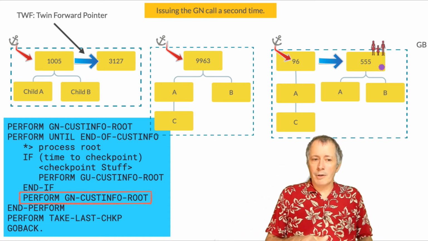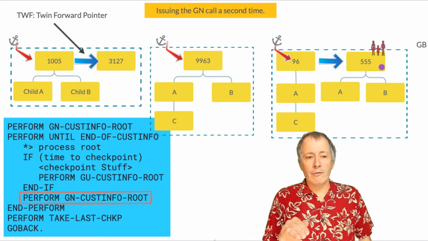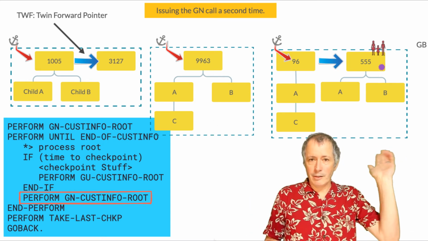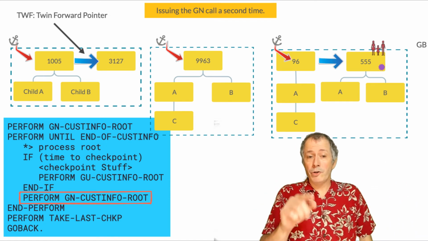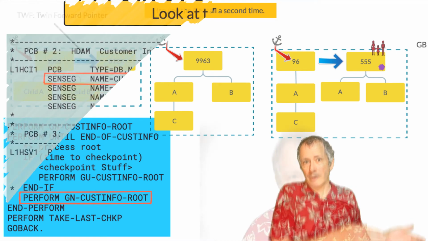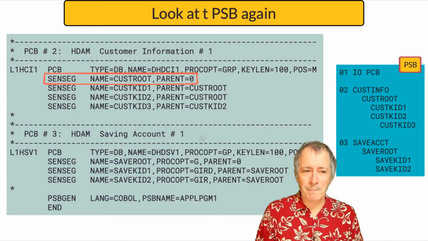Now, most documentation states that the position is unknown. However, for data entry databases and HDAM databases, if you issue a get next again, you'll get the first root in the database.